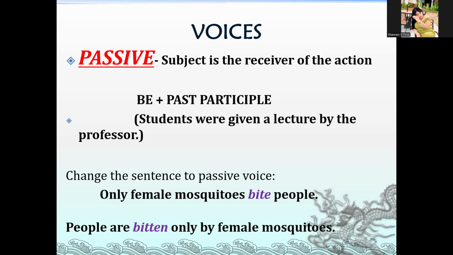The workers build a house. Di ba yung sentence, the builders build a house.